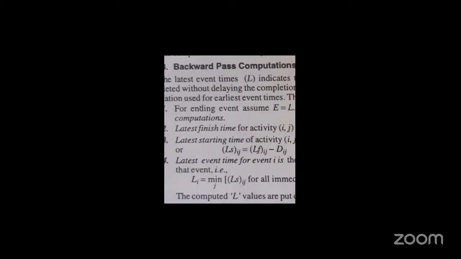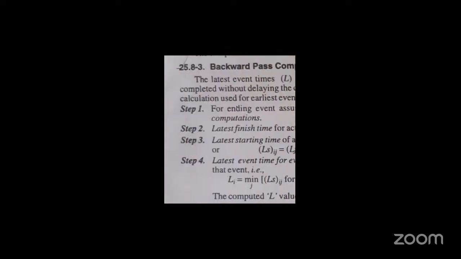Coming to the backward pass process. While computing all the latest available times, that is, the latest finishing time and latest starting time, we apply the following four major steps.